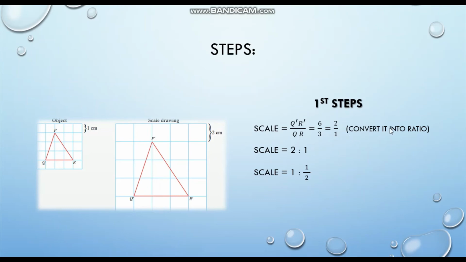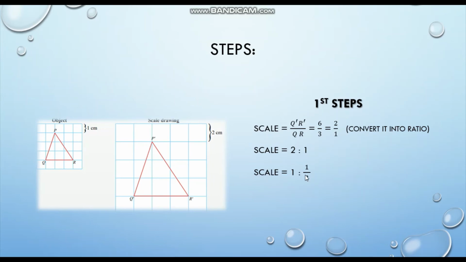And then we have to convert it into the ratio form. Scale is equal to 2 to 1. And then we have to divide 2 by itself, which is 2 divided by 2, equal to 1. And then 1 divided by 2 is equal to 0.5, which is equal to 1 over 2.